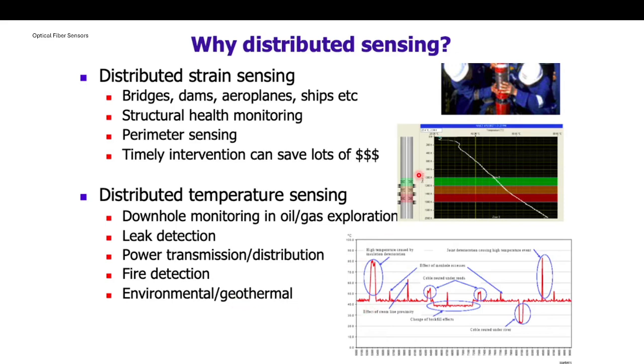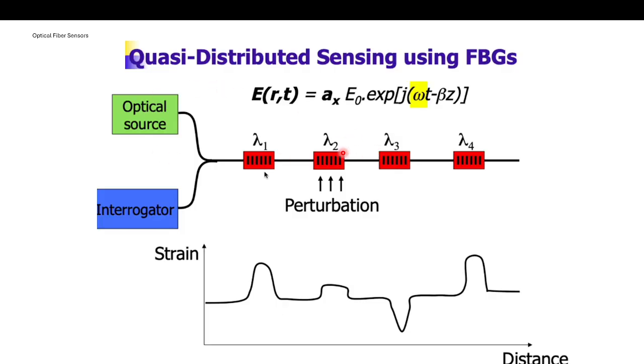That's how it works. But there are two types of distributed sensing using FBGs. One is quasi-distributed, where you can get the information based on the wavelength, but there will be a problem: if you are seeing the perturbation here and here, in between you can't get the information.